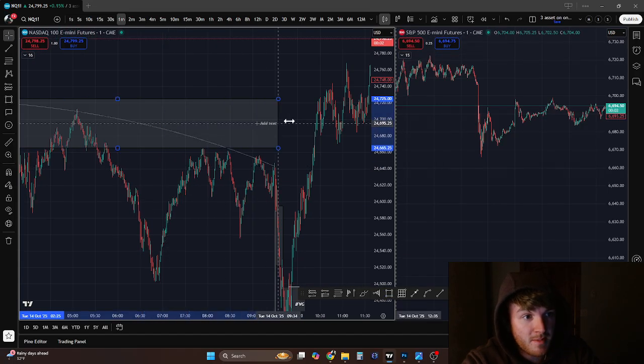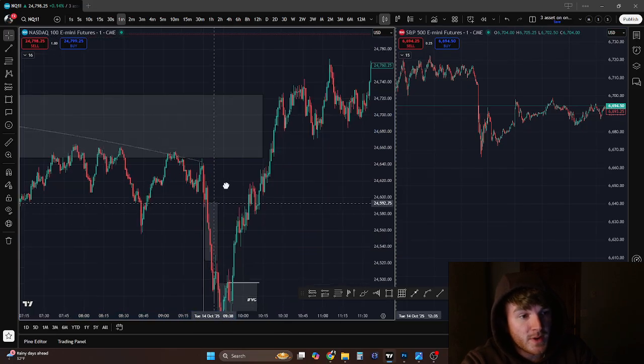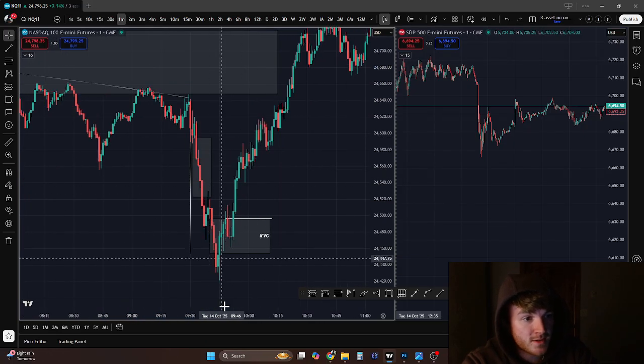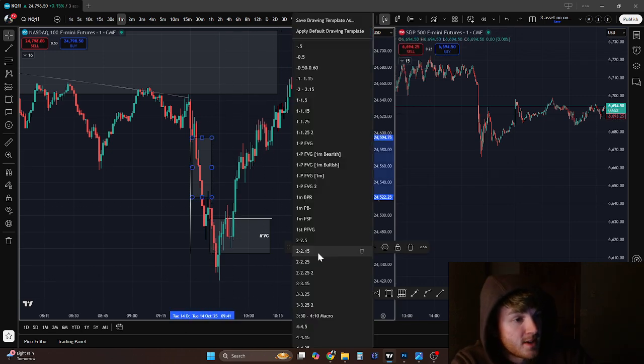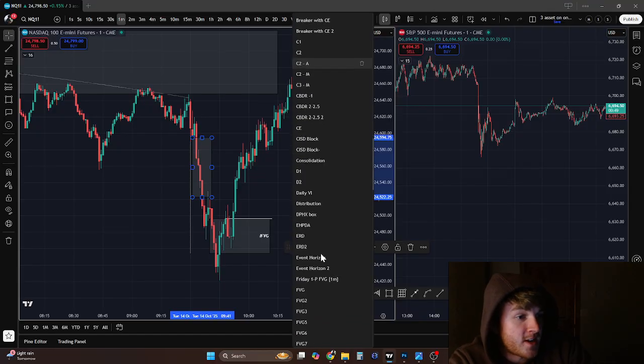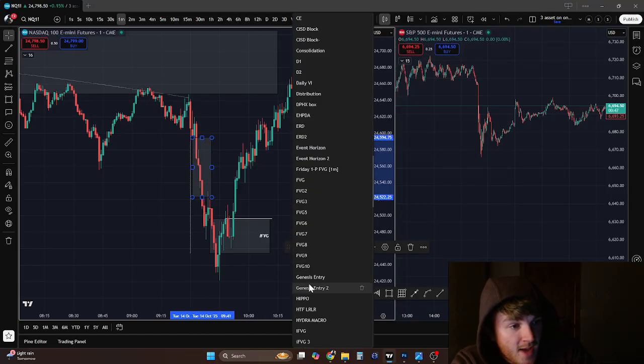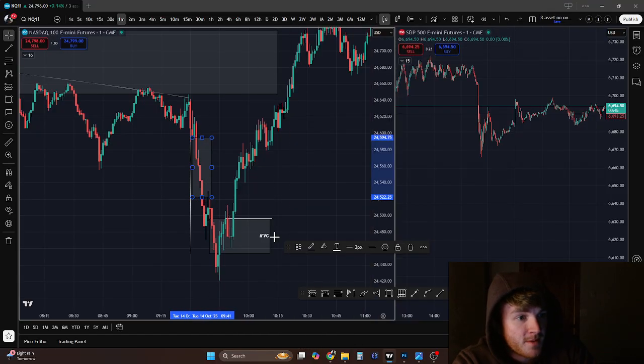There's going to be a lot of stop losses above here. So this void is not going to matter when we get this sweep of this low and then close higher. It's as if it's not there. It's not going to be like an external gap. It's going to be more like a void.